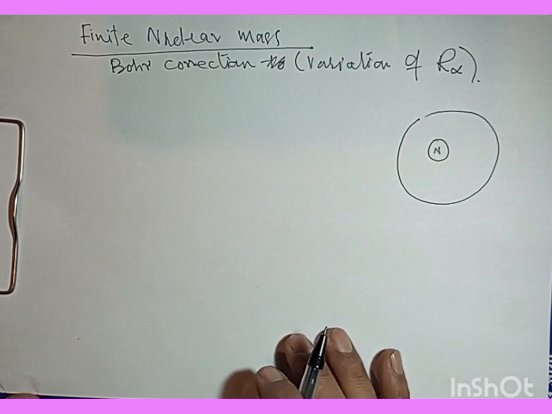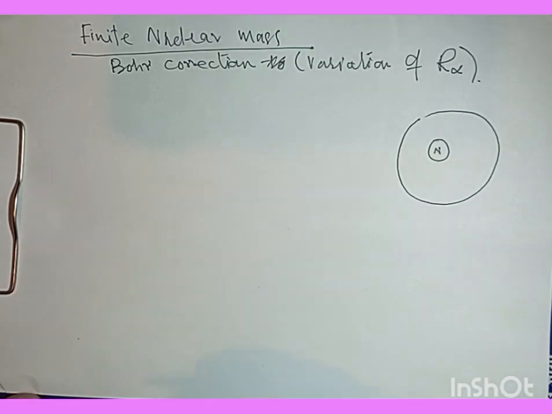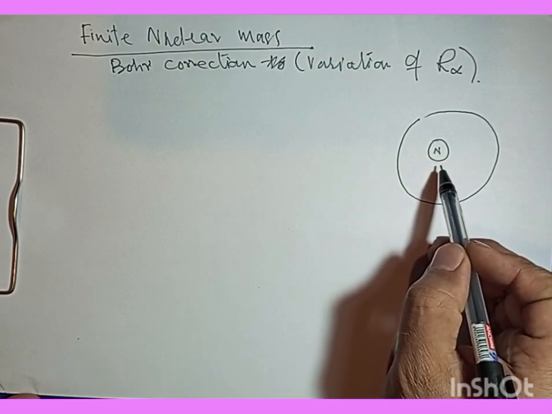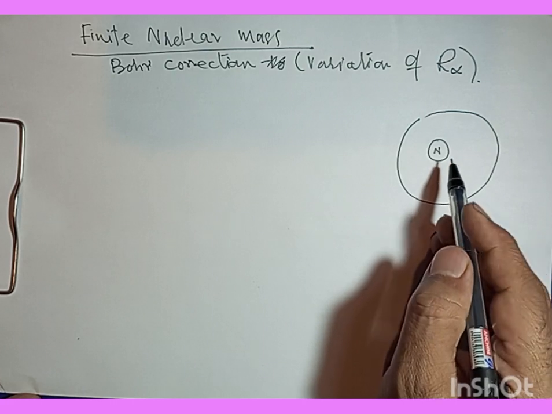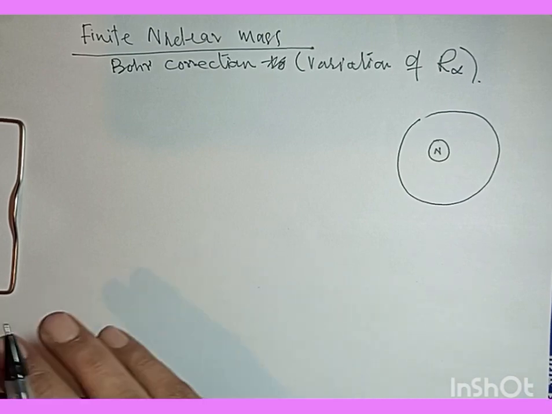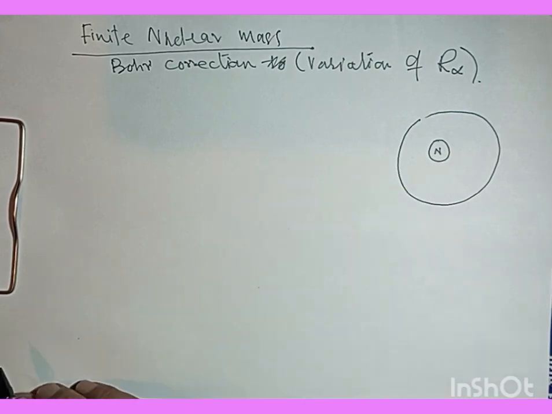The point here is that I would like to discuss this correction, made by Bohr to introduce the finite mass of the nucleus, and to have the expression for energy, the expression for radius, and all of those things that we talked about in the previous video. What was assumed there was that the mass of this nucleus is infinite.